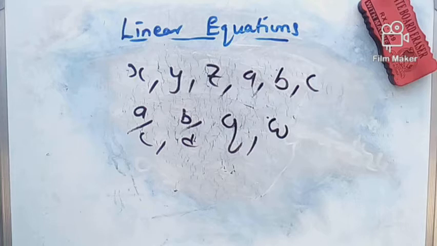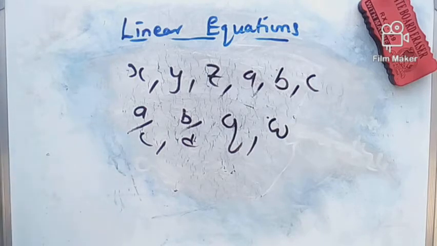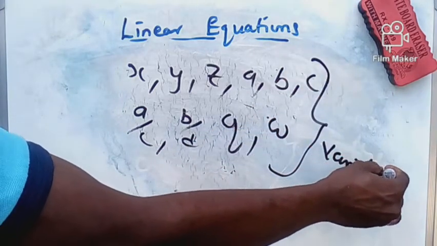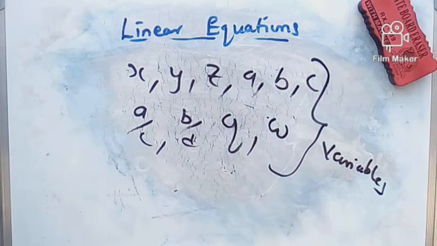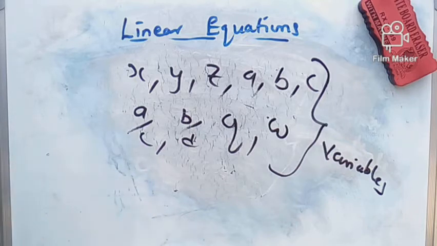Anytime you come across alphabet used in algebra, they are referred to as variables. Why are they called variables? Because their values are not constant. Their values change repeatedly.